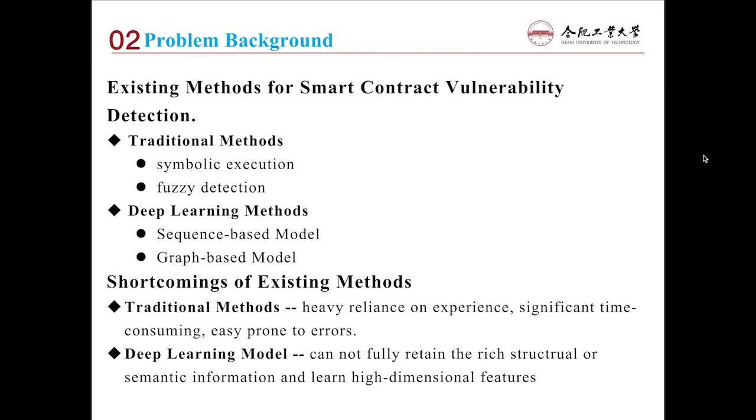Besides, the manually set rules are often limited to specific tasks and easily prone to errors. When it comes to the deep learning methods, neither sequence-based nor graph-based feature representation models in the existing work can fully retain the rich structural or semantic information in the smart contracts and learn high-dimensional features effectively for classification.